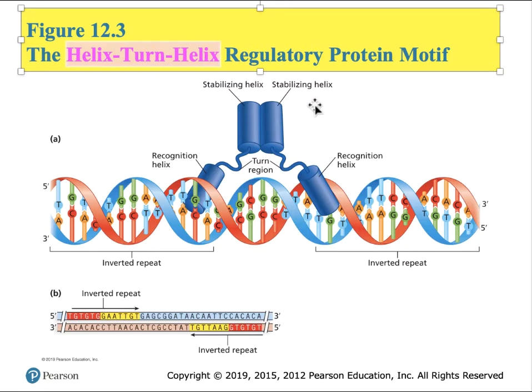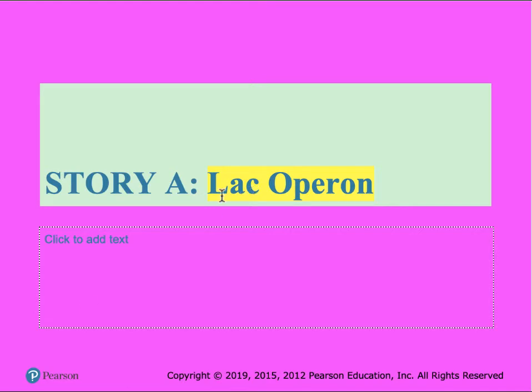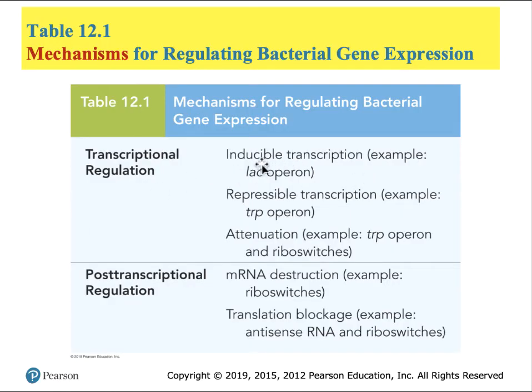Some of you may be familiar with this, but are you familiar to the depth that's required in this chapter? So story A is of the little red lactose operon. The lactose operon is a classic example used in nearly every genetics book, which illustrates beautifully the evolution of a system that we spoke about earlier in regard to something that's being inducible.